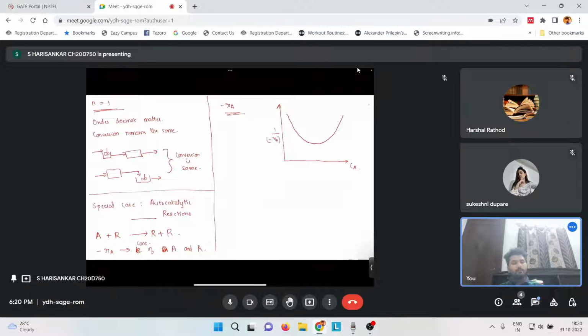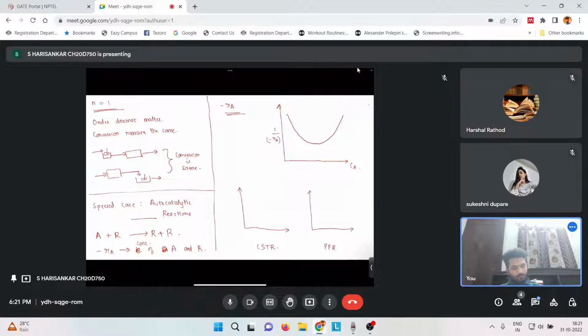Now two things you need to remember. The same plot for CSTR as well as PFR. So let's take this is the plot for CSTR and this is the plot for PFR.